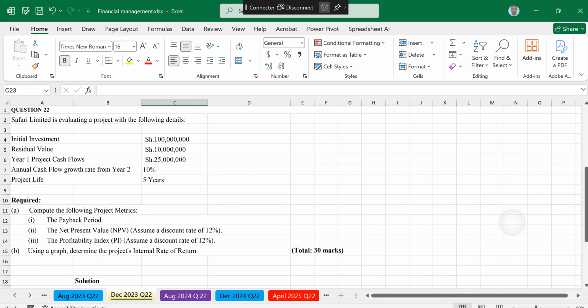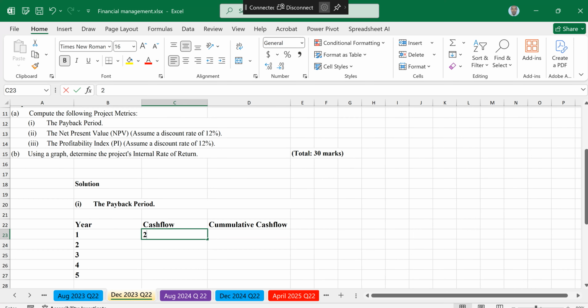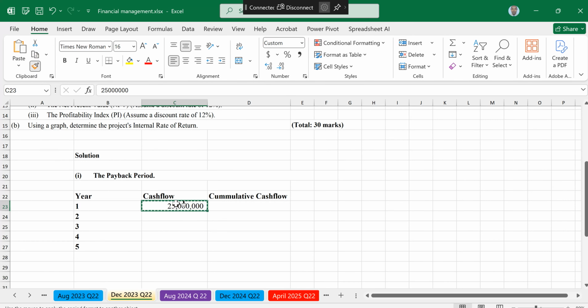You can see 25 million. Those cells are all bold, so we can remove the bold. And you can edit that to represent it. Now that is 25 million.